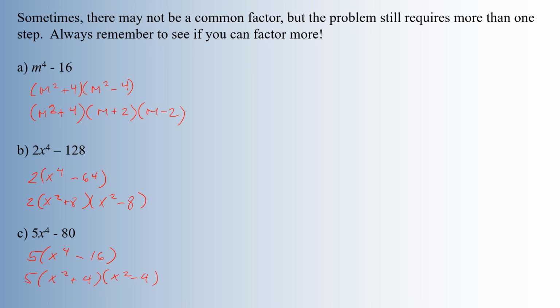Now x squared plus 4 is not the difference of two squares. That cannot be factored more, but x squared minus 4 can be. That, remember, is the difference of two squares because the first term is a perfect square, the second term is a perfect square, and it has that subtraction. So that factors to 5 times x squared plus 4, multiplied by x plus 2, multiplied by x minus 2.